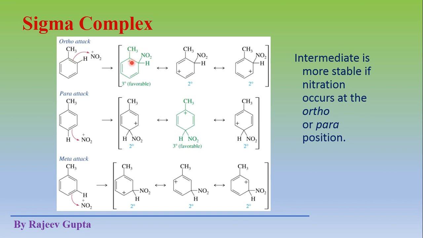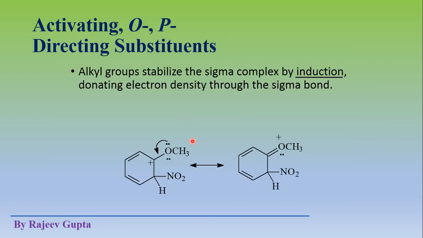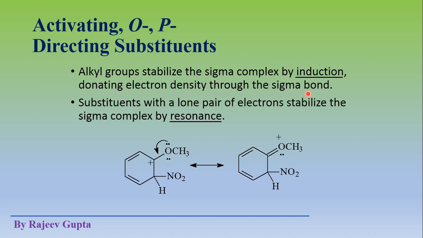Due to this electron shifting, the positive charge decreases here. So due to this decrease of positive charge, this becomes more stable. Because of this induction, it stabilizes the sigma complex, donating electron density through the sigma bonds, which comes under the induction process.